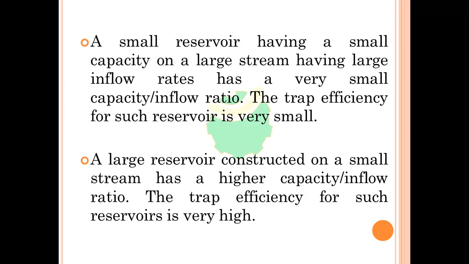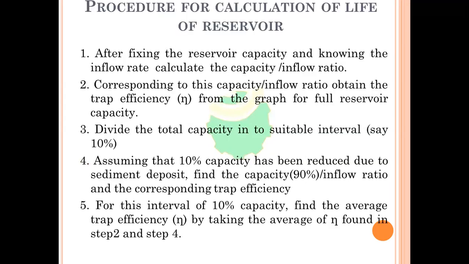That means capacity is high, okay, 100. River flow is small, 10. Automatically, the capacity inflow ratio will get a high value. Similarly, in proportion, trap efficiency is also high. That means a big river with a small reservoir gives less trap efficiency. A small river with a big reservoir gives high trap efficiency.